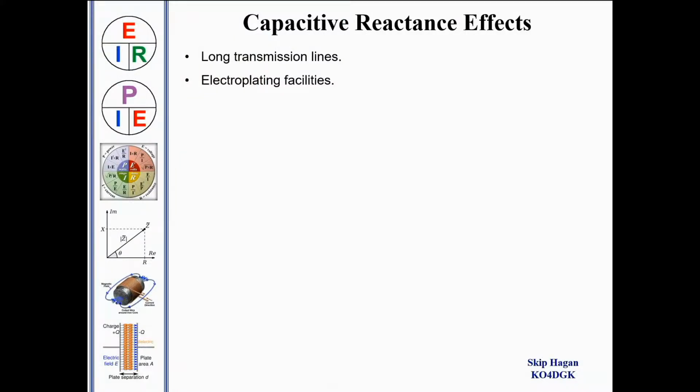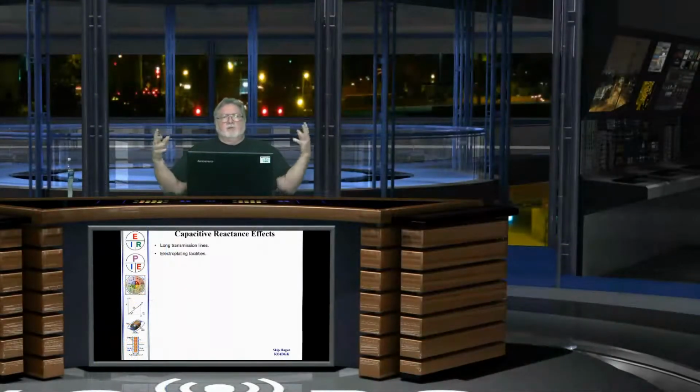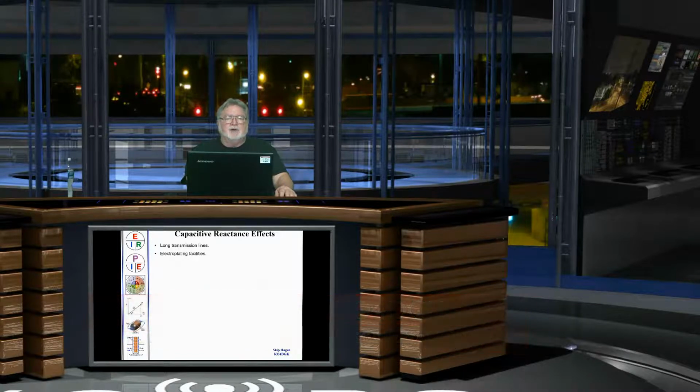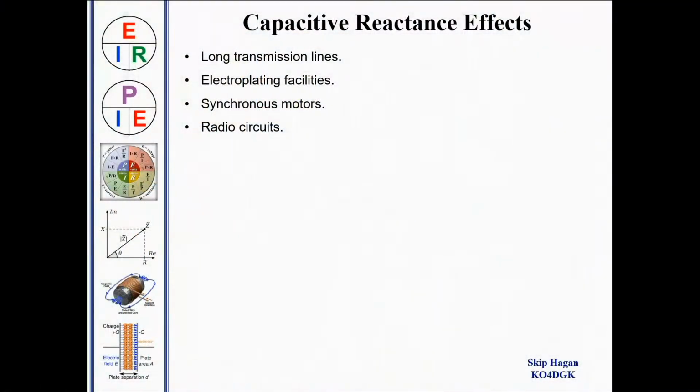Here again we have positive and negative plates, and the electrons are drawn to one plate, and that is how the plating is done for electroplating, like chrome and other examples of electroplating. Synchronous motors and radio circuits all have some capacitive component.